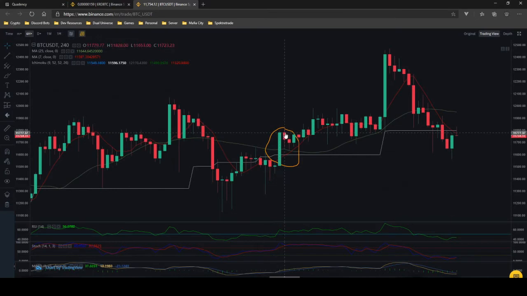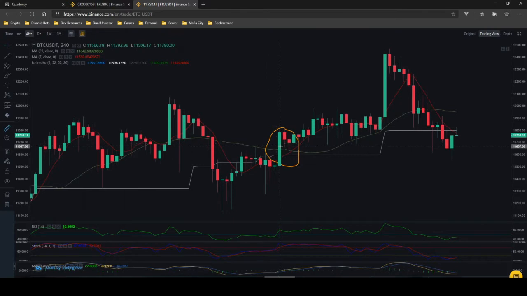Here it stopped above, and it stopped above here as well, but then it's risen up. So this is where you'd buy in, around this area. If the wicks of the second candle haven't come below the baseline, it's generally a good sign, and that's where you'd want to buy in.